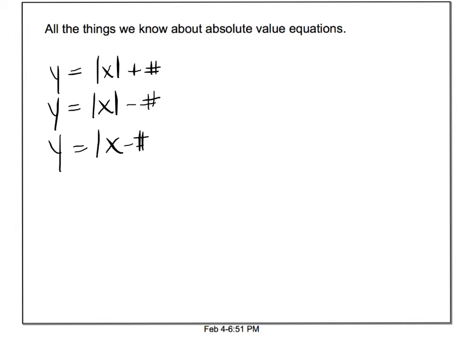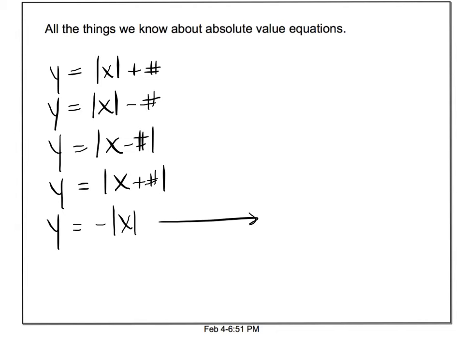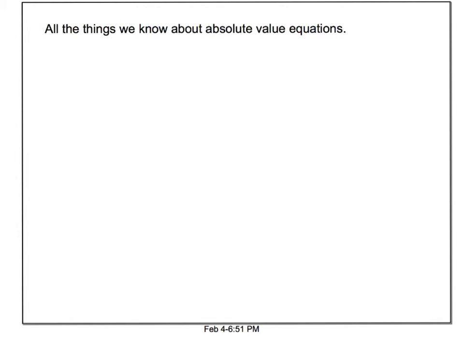What if your number is inside the absolute value? And finally, what if there's a negative sign in front of your absolute value? Write the result of each of these situations. You'll never have to make a table again. Pause the video and finish this up.